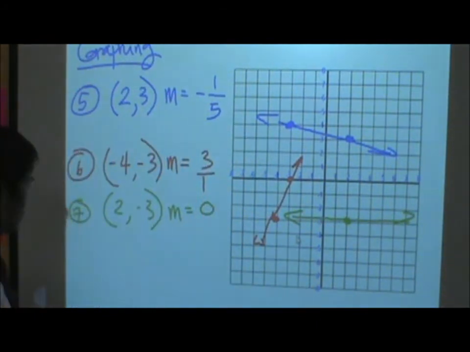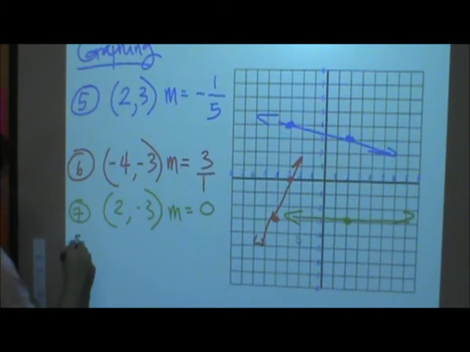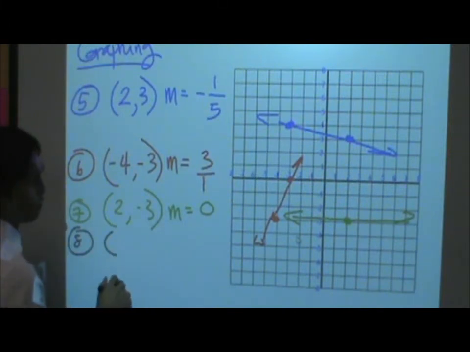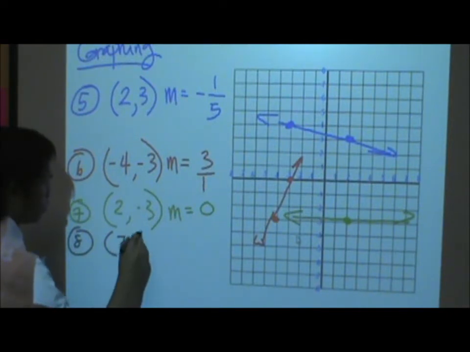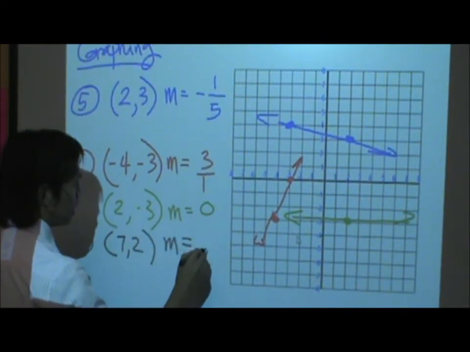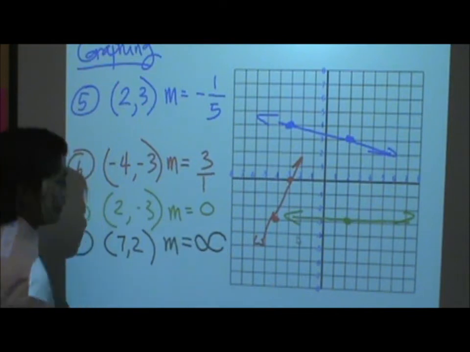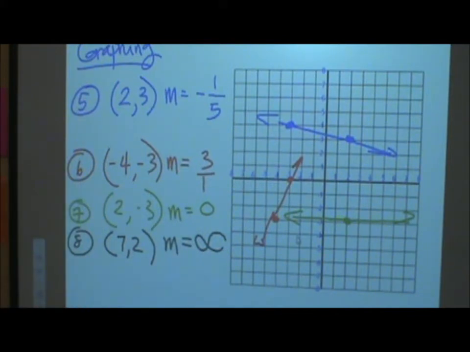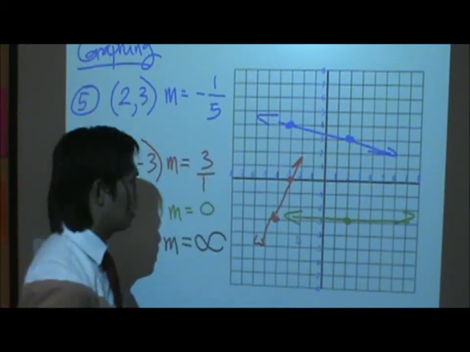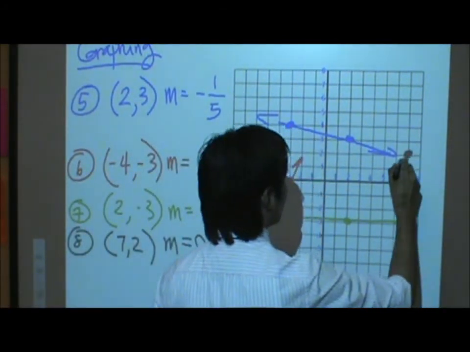Now, it's going to be the same story if you have number 8. Let's say we have 7, 2 with a slope of undefined. Okay? So first again, plot point 7, 2.